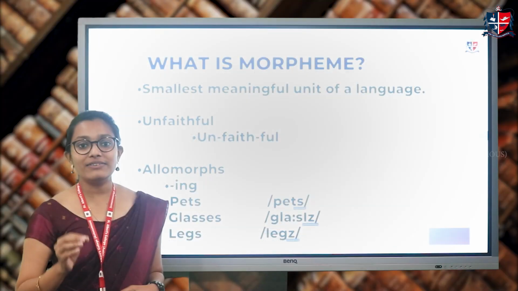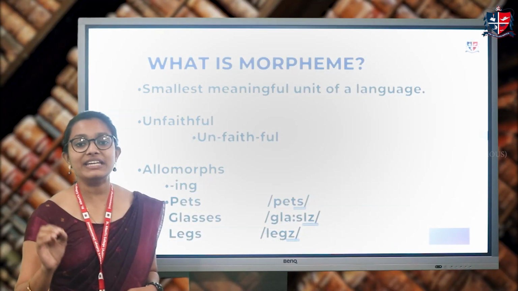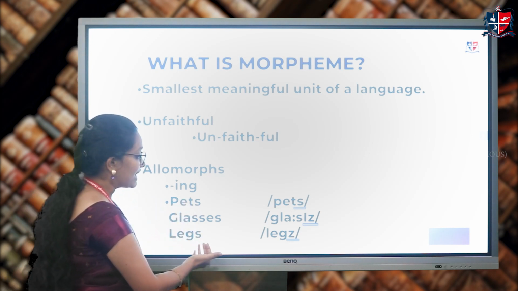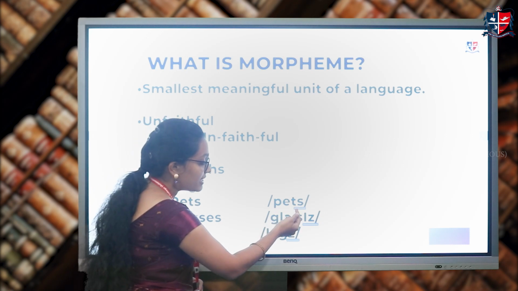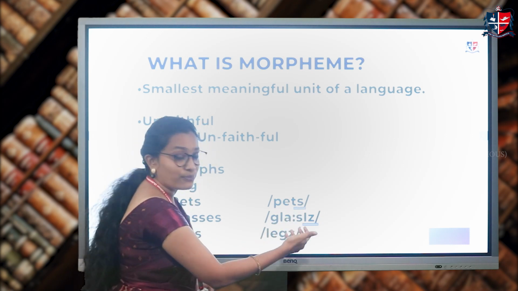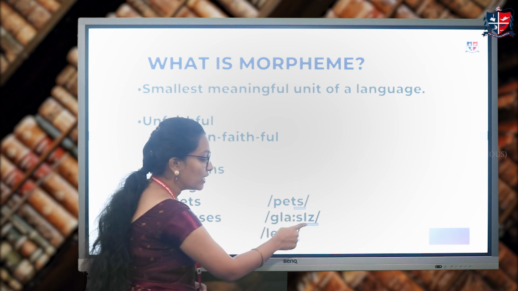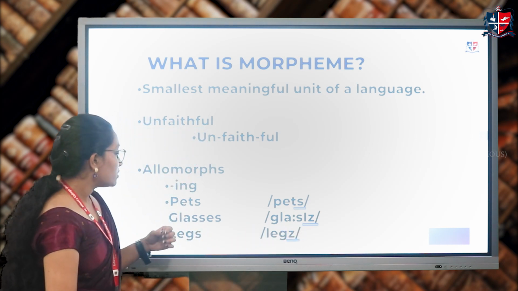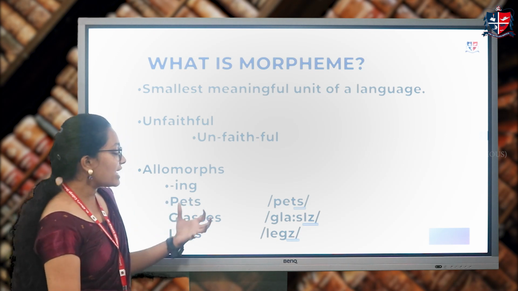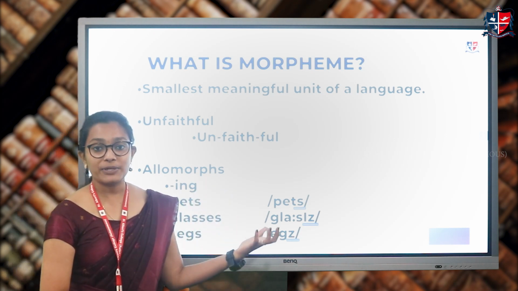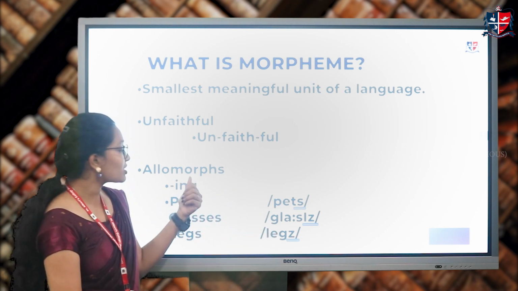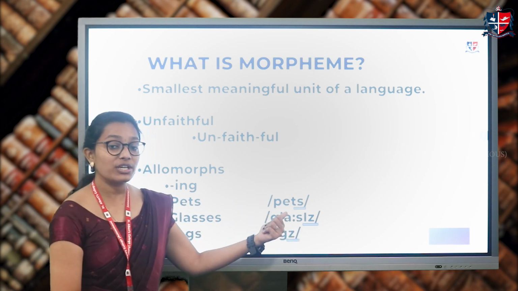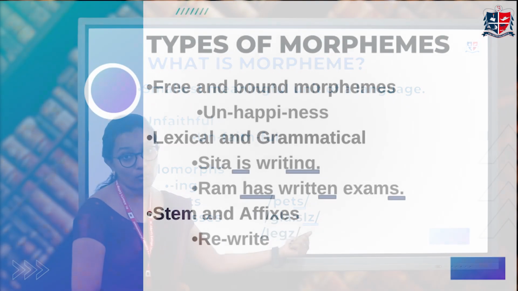We know that to convert a singular word to plural, we need to add s. Here, pets, glasses, legs. See, it is occurring in different forms. Here it's an s sound, here it's an iz sound, here it's a z sound. So you can see variant forms of a particular morpheme. That is called allomorphs. Variant forms of a particular morpheme are called allomorphs.